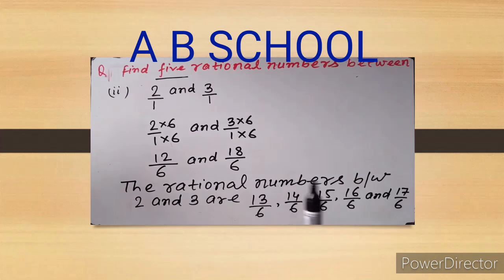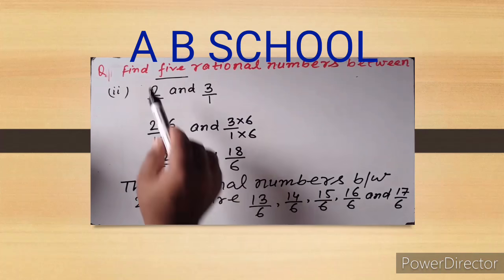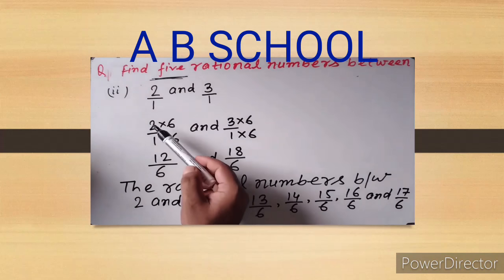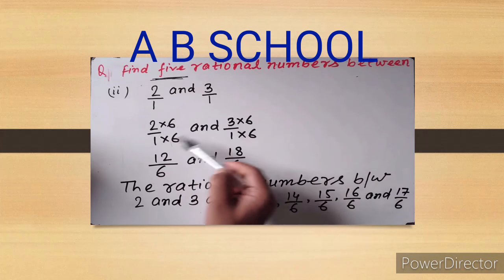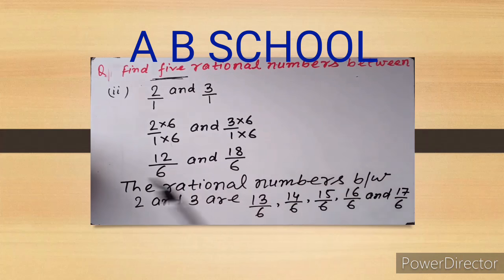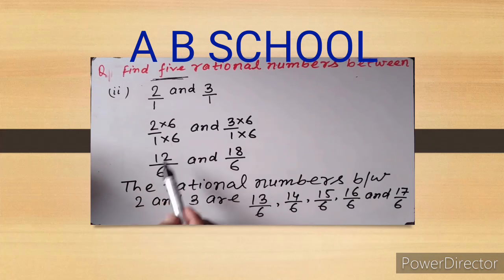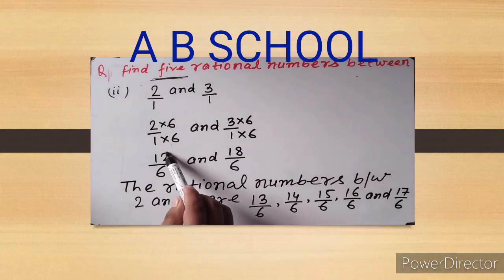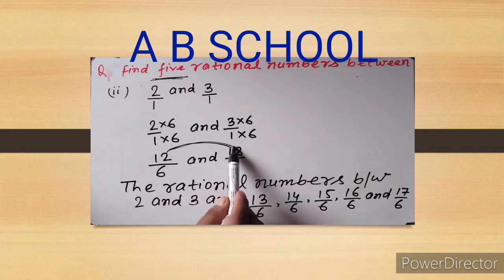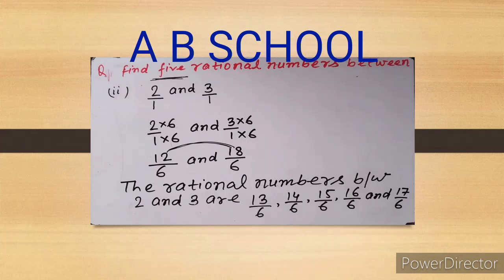So what do we have to do when denominators are already equal? Then we will take ahead of 5, which is 6, and we will multiply the numerator and denominator of 2 by 6, and 3 also by 6. 1 times 6 is 6, 2 times 6 is 12, 3 times 6 is 18, 1 times 6 is 6. Now we see between 12 and 18, the numbers 13, 14, 15, 16 and 17.